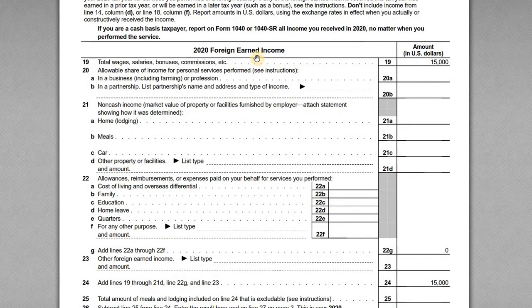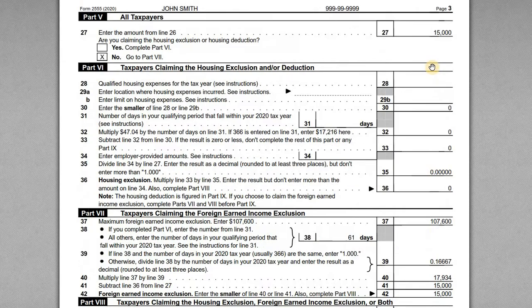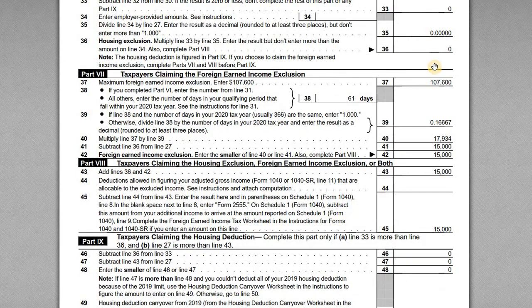So down here, he's got his foreign earned income for the year. That was the $15,000 he earned in Cayman from that foreign employer, right? So $7,500 a month, November and December. And then when you look at him prorating his exclusion here, remember the total amount of exclusion available to taxpayers for this year was $107,600. But because he was only living in the Cayman for 2 months, he only takes those number of days that he was actually in that country.